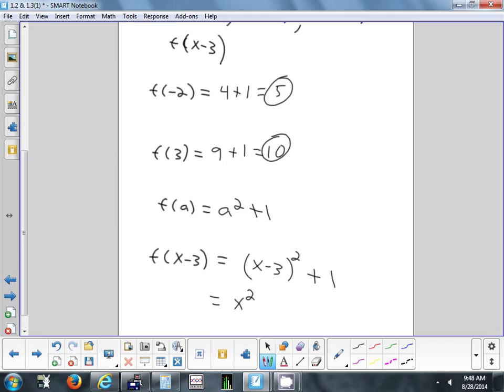So you'd get x squared minus 6x plus 9 plus 1, so actually plus 10. So that's what it means to evaluate a function. Plug in the value, you see what you get. Sometimes it's numeric. Sometimes it's not.